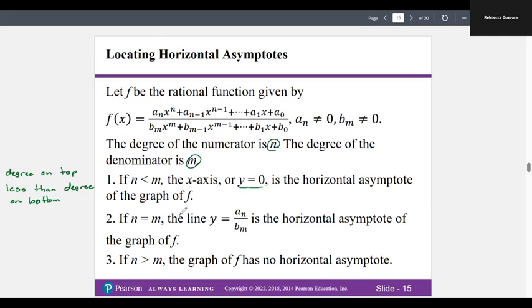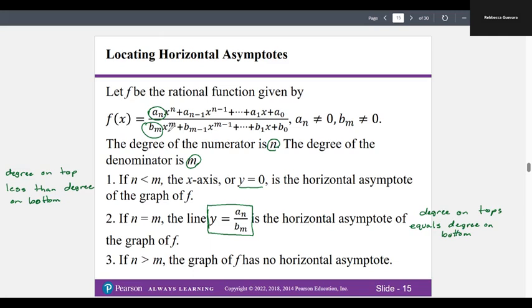In this case, if n and m are equal, so degree on top equals degree on bottom, then what we're going to see is that we are going to have a horizontal asymptote at y equals the leading coefficient, which is going to be the a_n over the b_m.